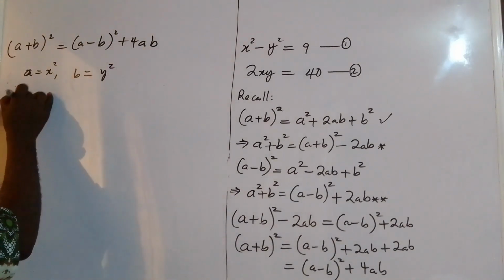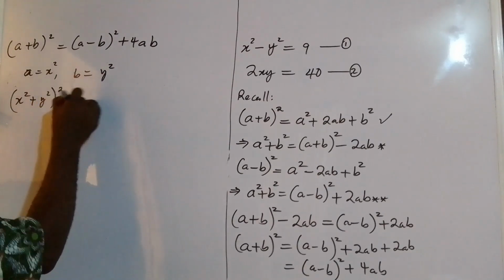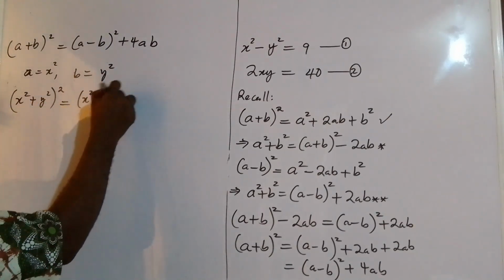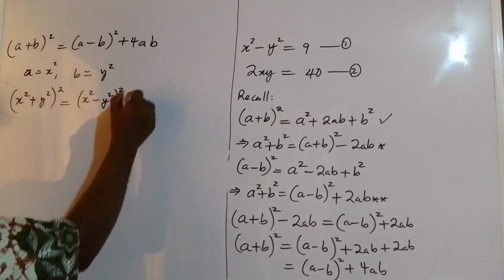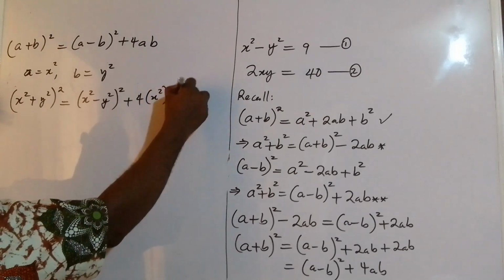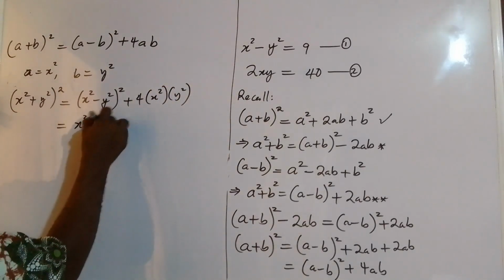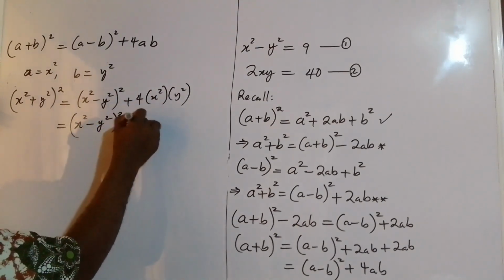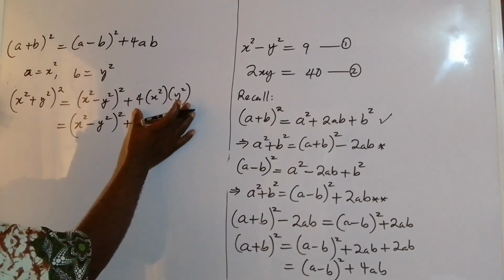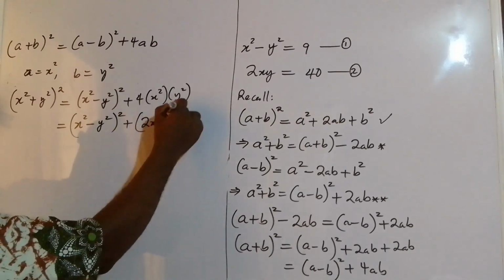So we have (x squared plus y squared) all squared will be equal to (x squared minus y squared) all squared plus 4 times x squared times y squared. So this will give me (x squared minus y squared) all squared plus, I can factor out this to (2xy) all squared.